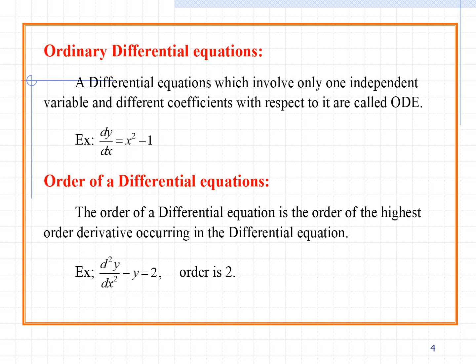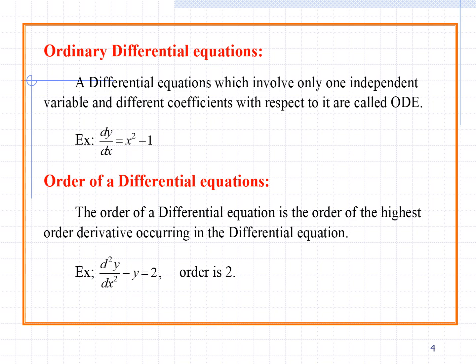For example, dy by dx equal to x square minus 1. Here x is the independent variable, y is the dependent variable. x is the only independent variable, so it is called an ordinary differential equation.